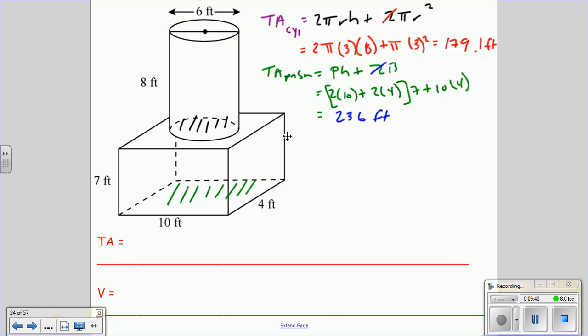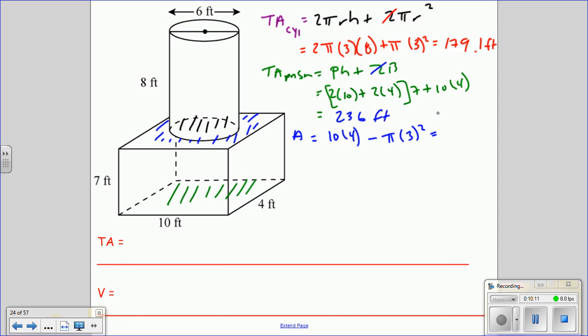Now, we need to figure out this shaded portion that I'm coloring in blue. The blue area will be the prism, or rectangle, 10 times 4 minus the area of the circle. So the area of the circle is pi times 3 squared.